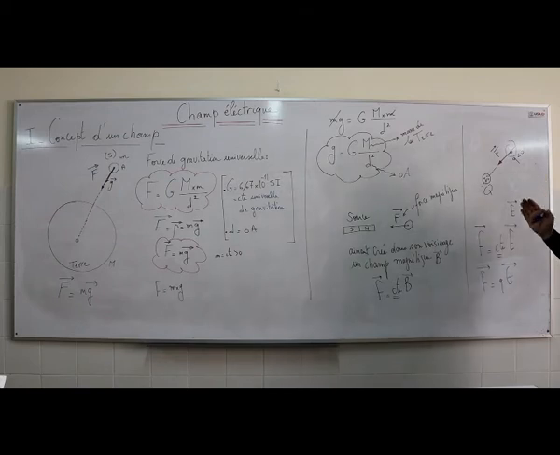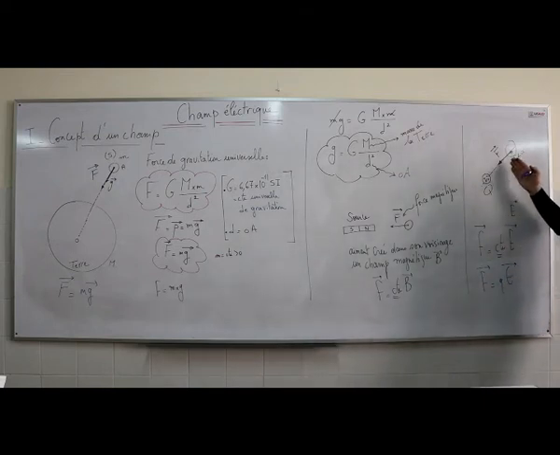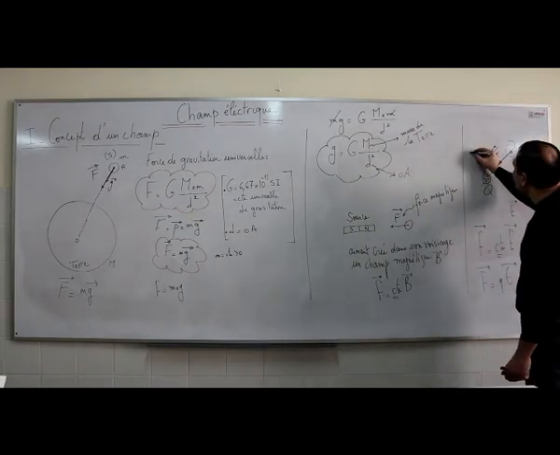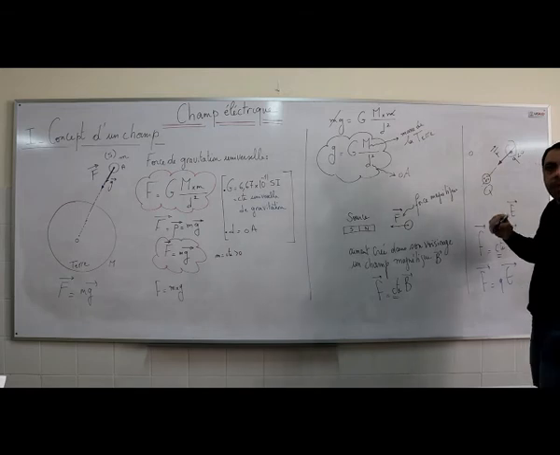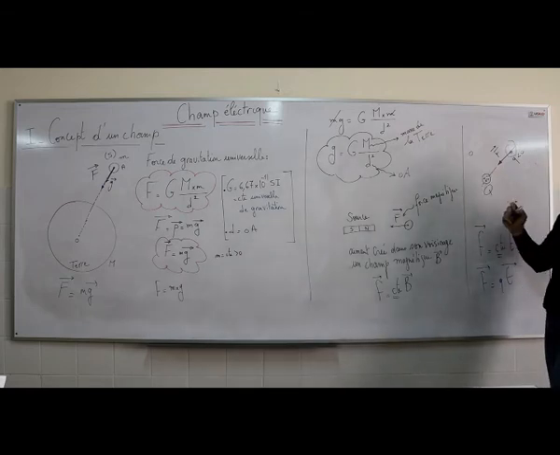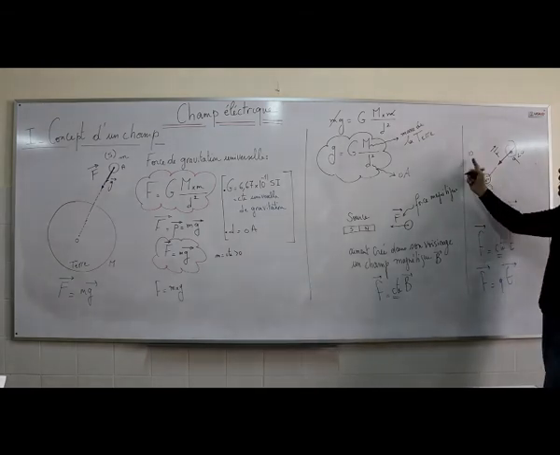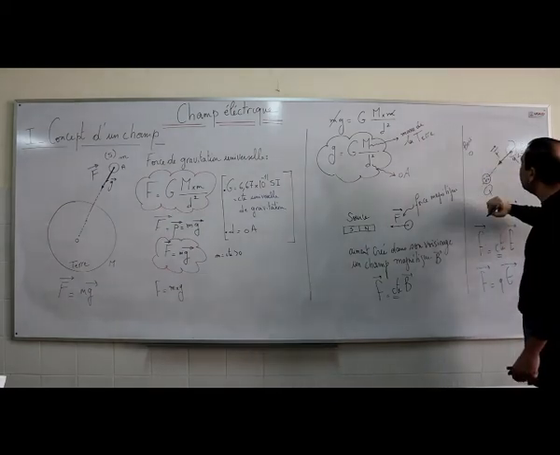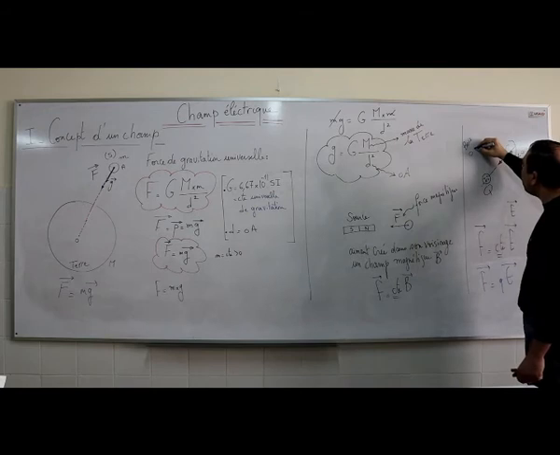Note that, let's place any charge, for example a neutral one. There will be no interaction between the two charges. For example, let's place here a particle of wood. This is a particle of wood.